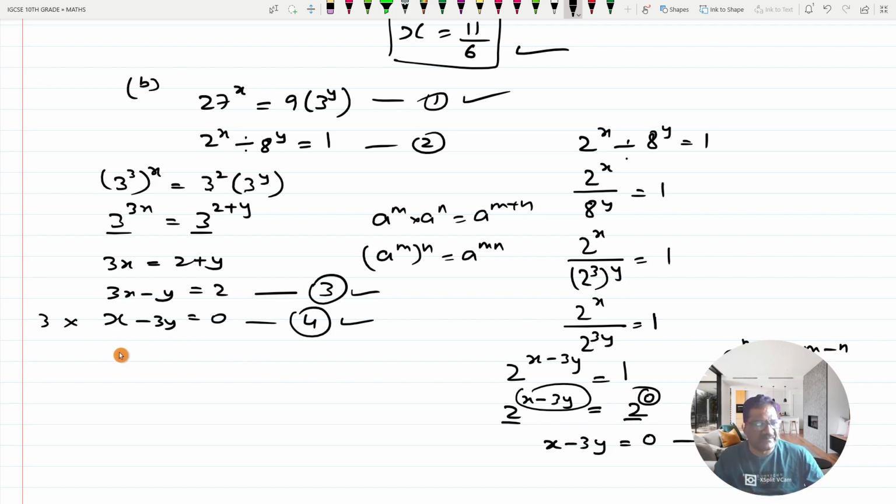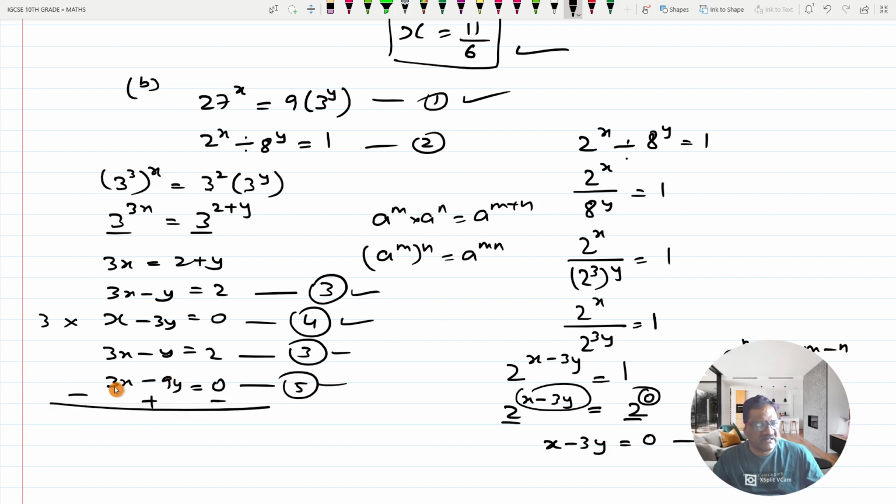So what will happen? This will become 3x minus y equal to 2. This is my same equation number 3. And 4, because I'm multiplying throughout by 3, it will become 3x minus 3 3s are 9y equal to 3 into 0, 0. This is my new equation 5.